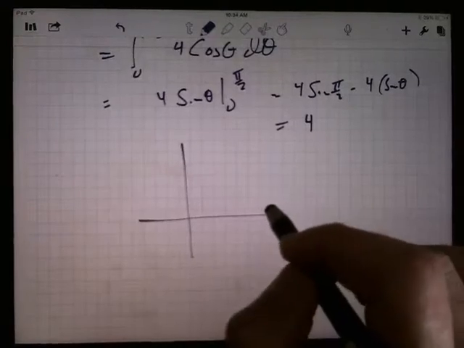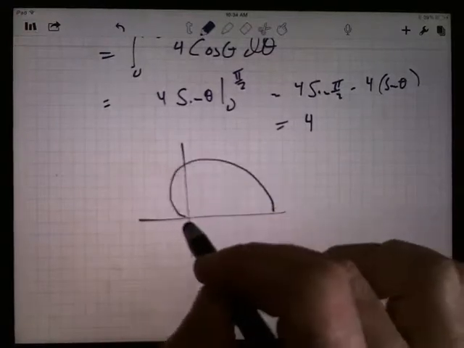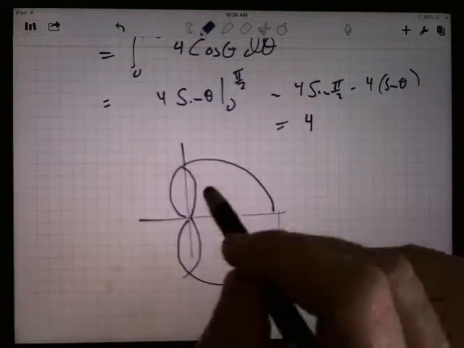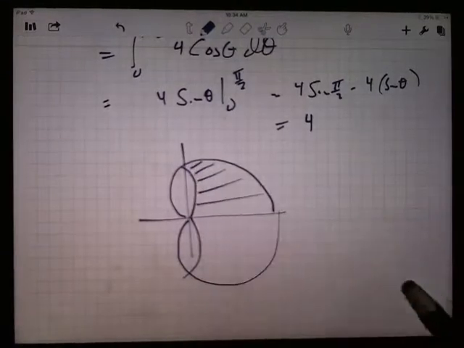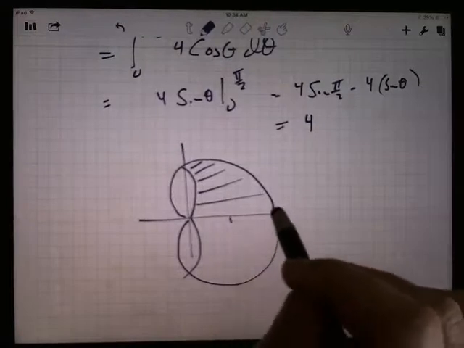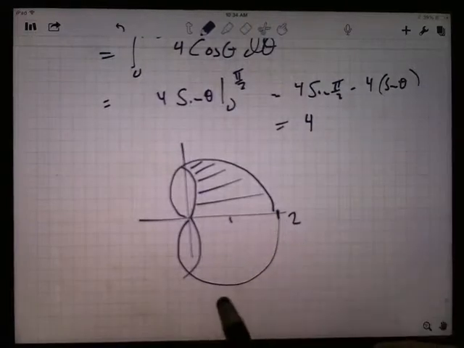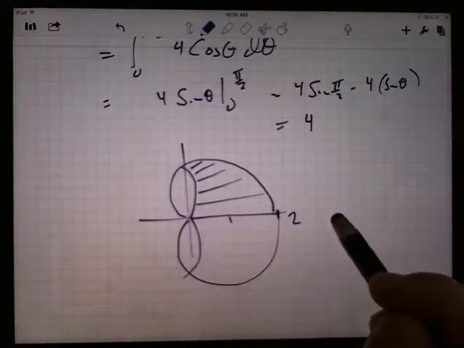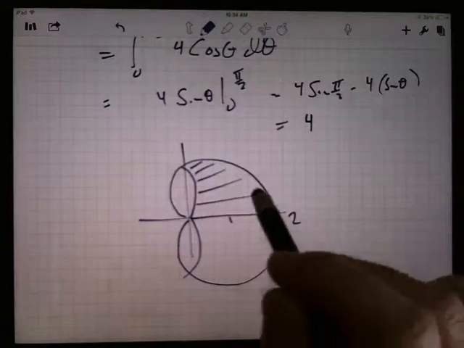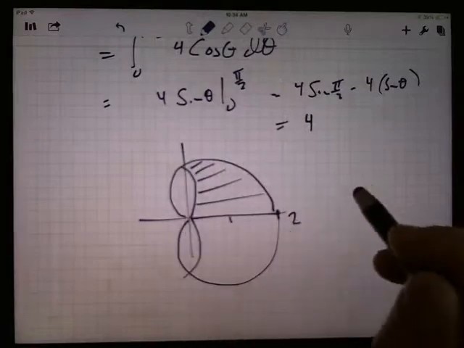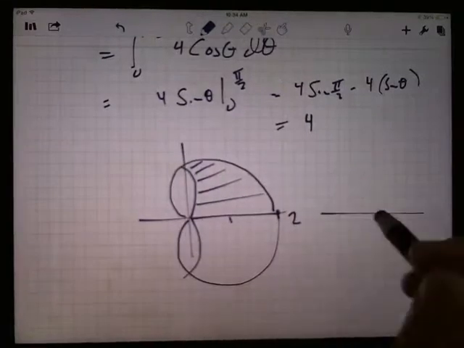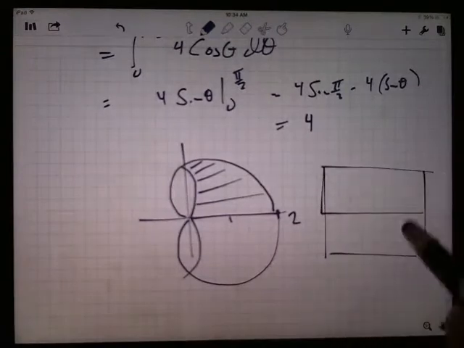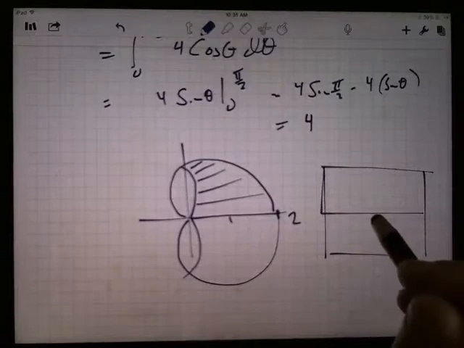I want to do a little reality check here. So I'm looking at this area here. This goes out as far as 2. Because I'm thinking, if it's 2 across and up and down 1, so it would be 2 by 2, that would be area 4.